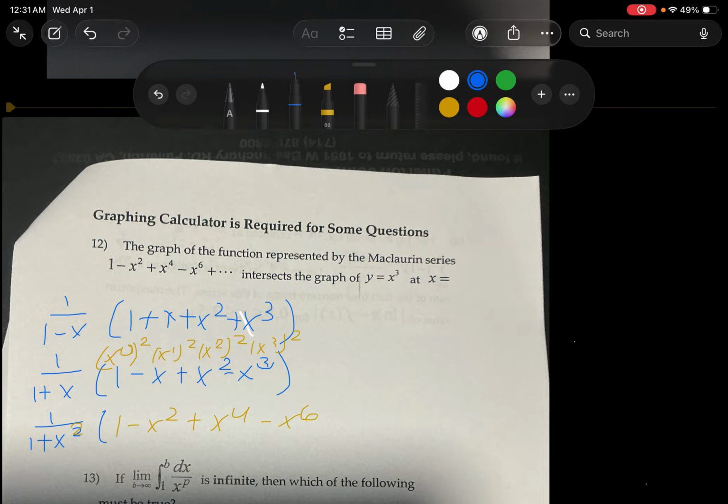Alright. And does that match? Yes, it matches that. But we're not done yet.